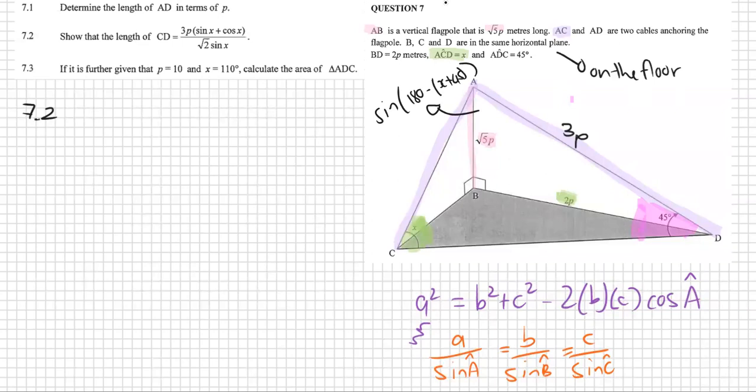So I've just written in the information that we have there. Our unknown that we need is CD. So CD is opposite angle A. So we put CD using the sine rule: CD over sine of 180 minus (x plus 45).